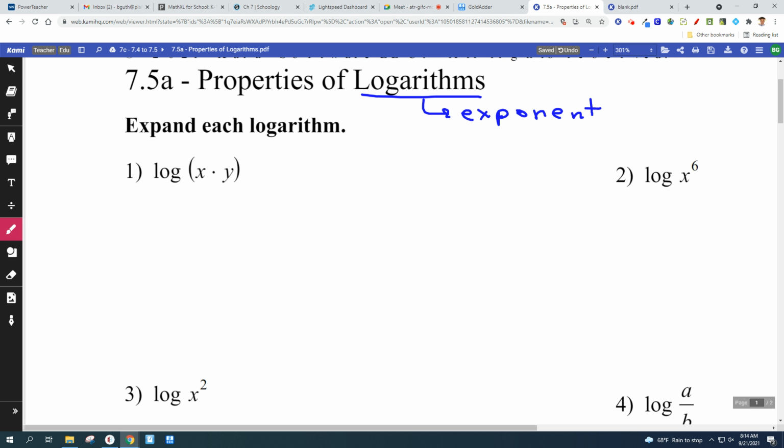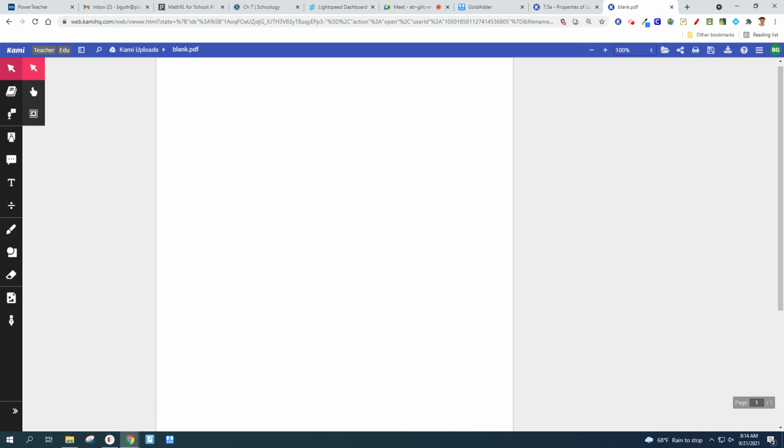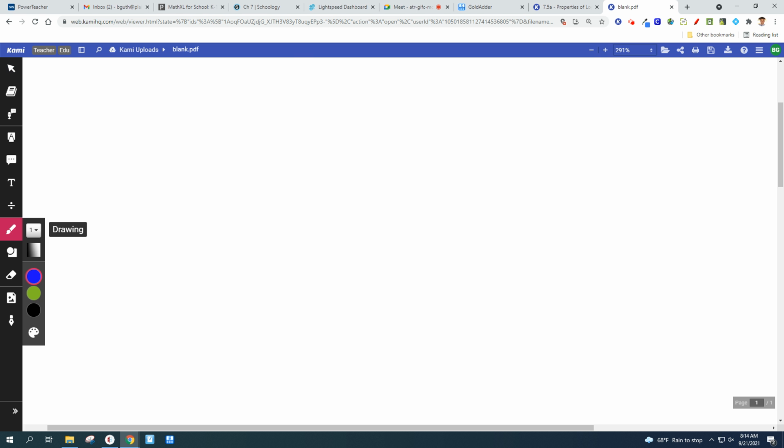Before we start into some of the problems, it says expand each logarithm, I want to talk about exponents for a second. So let's go back in time and remember some things that we know about exponents. If I had a problem like this, x to the third times x to the fourth, you should be able to tell me what that equals because you remember some of the properties of exponents.